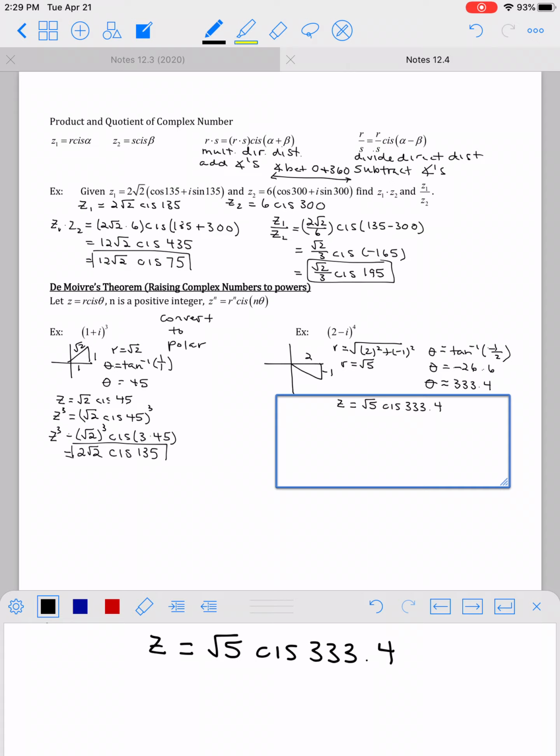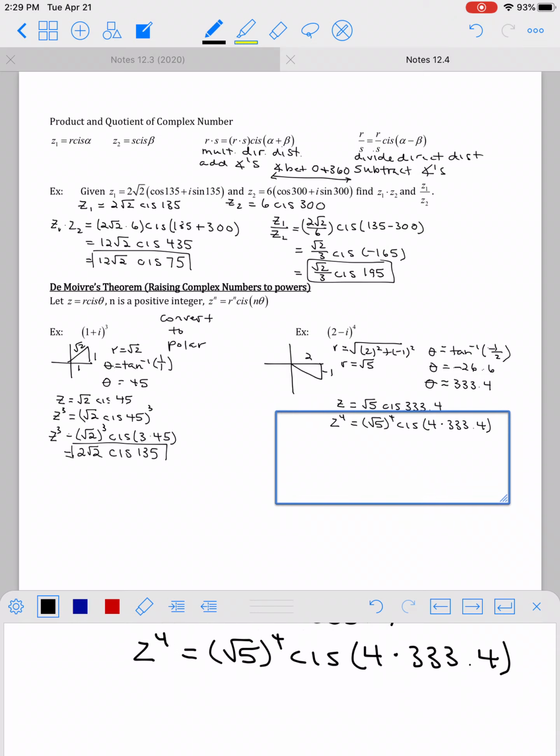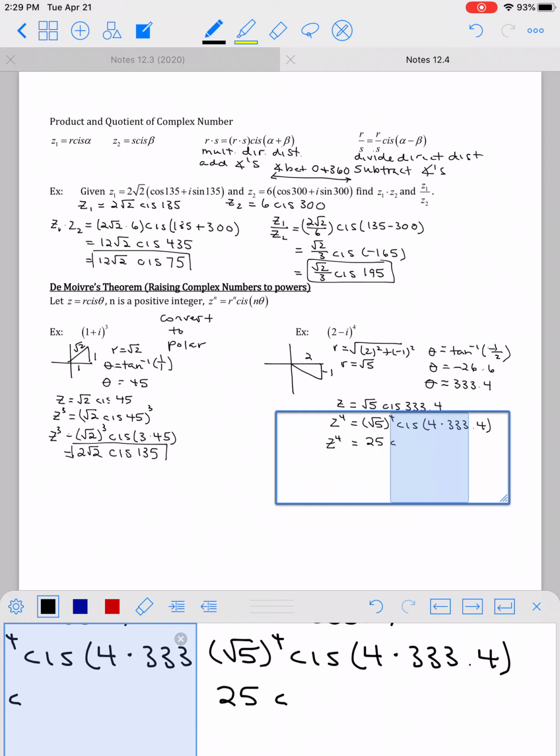And now it's up to us. We're going to raise that to the fourth power. So z to the fourth power, square root of 5 to the fourth power, cis 4, because that's the power, times the angle, 333.4. Square root of 5 times square root of 5 is 5, and 5 times 5 is 25.